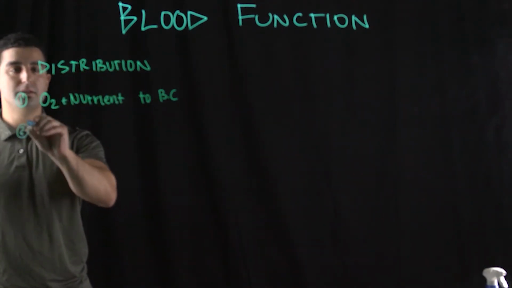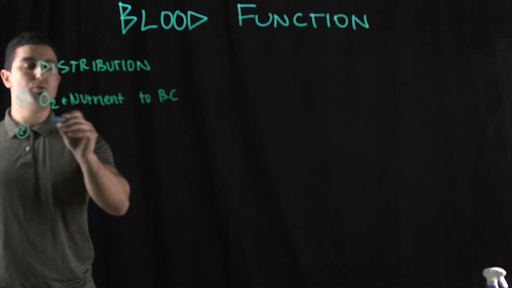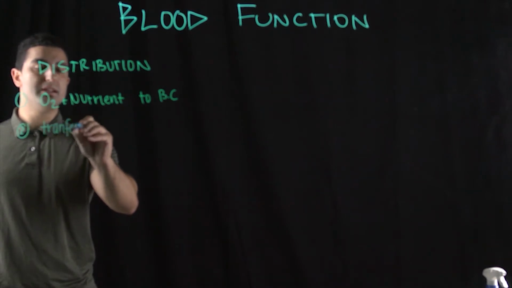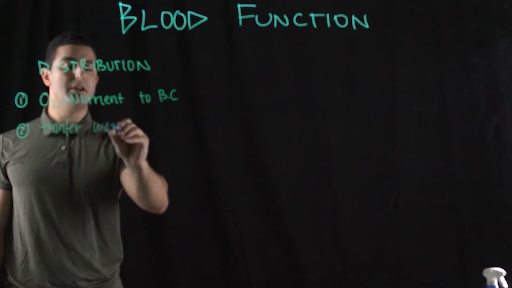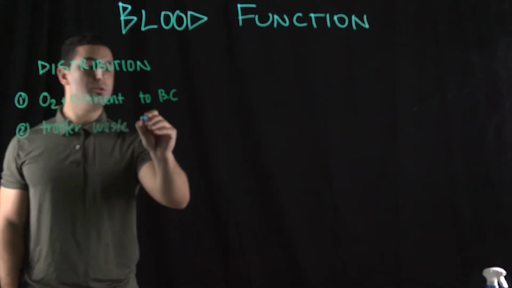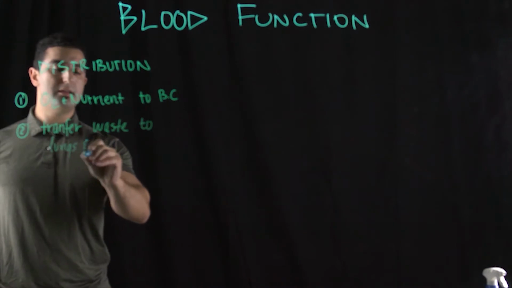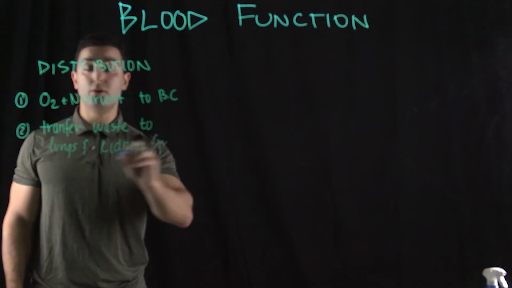Second function of distribution, it removes waste. So it transfers metabolic waste, for example carbon dioxide or ammonia, to specifically the lungs and kidneys for elimination.